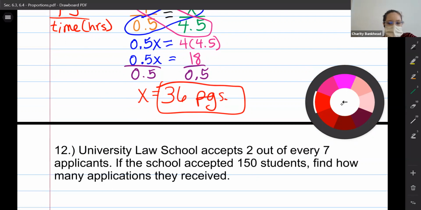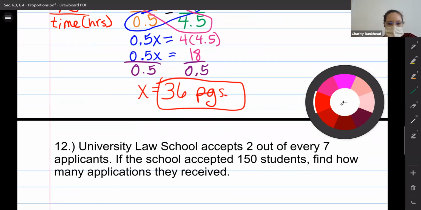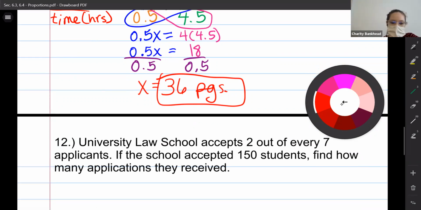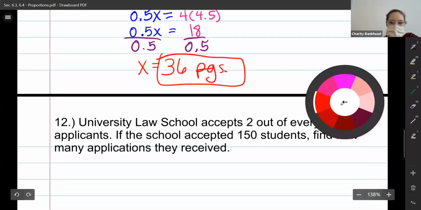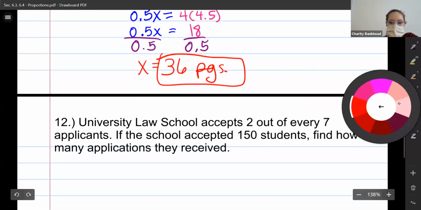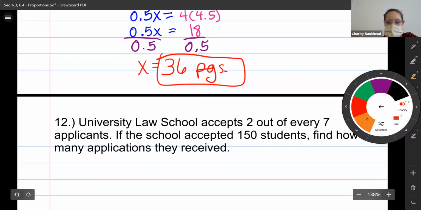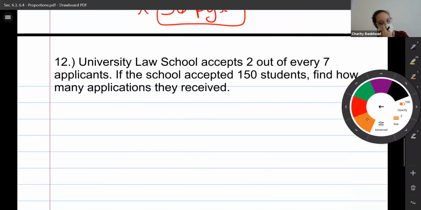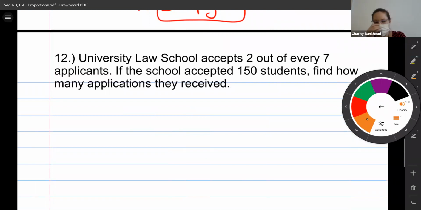All right, number 12 says, University Law School accepts 2 out of every 7 applicants. If the school accepted 150 students, find how many applications they received. Okay, so we're comparing the number of accepted versus the number applied.